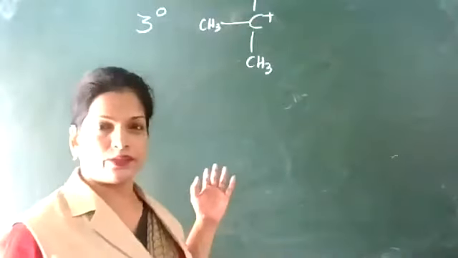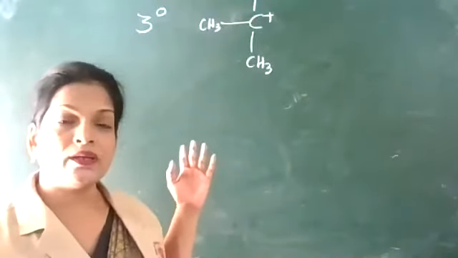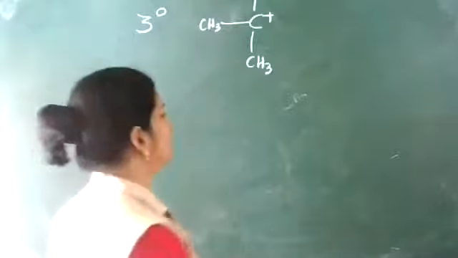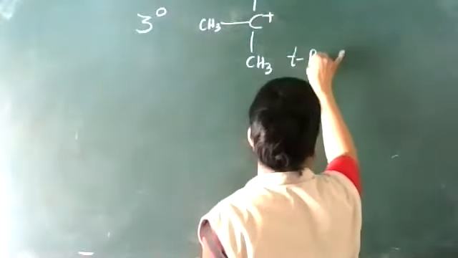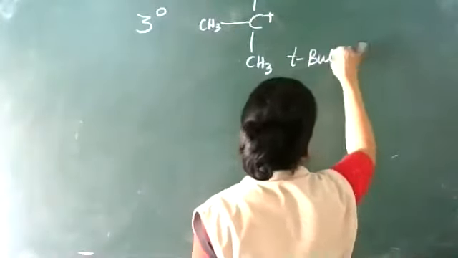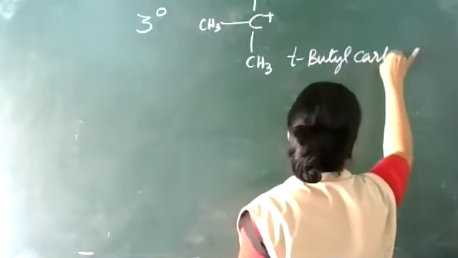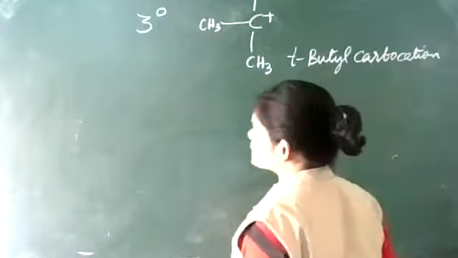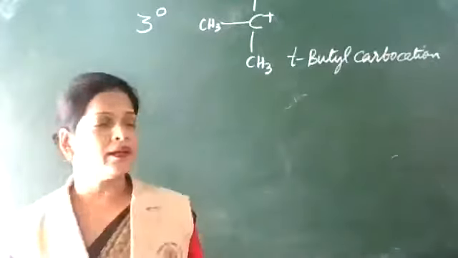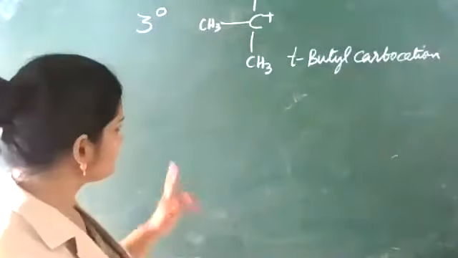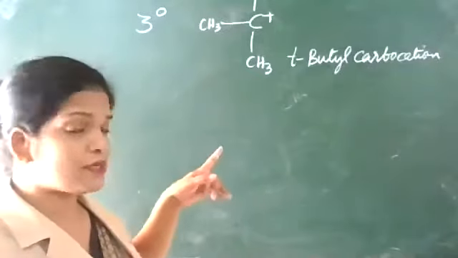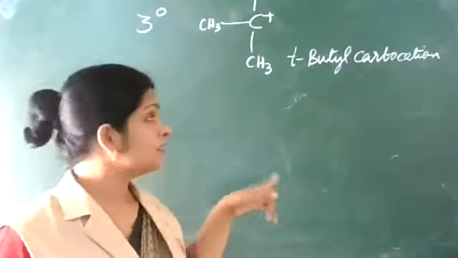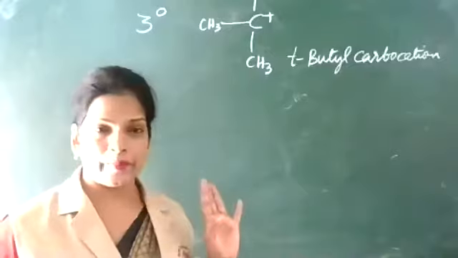You can show the carbocation like this also. This is called the tert-butyl carbocation. It is more stable than secondary, and more stable than primary.